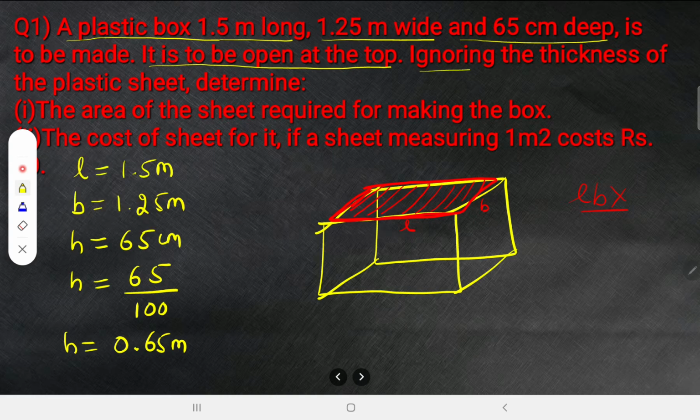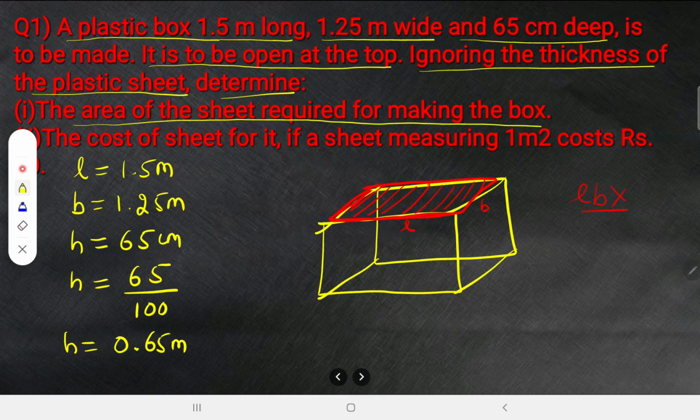Moving forward. Now what they're asking, ignoring the thickness of the plastic sheet, that means it's very thin, determine the area of the sheet required for making the box. So what is the formula for area of sheet? Actually, total surface area of any cuboid, you know that it is going to be 2 bracket LB plus BH plus HL.